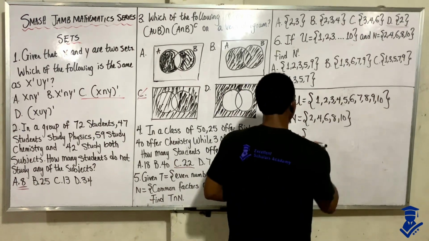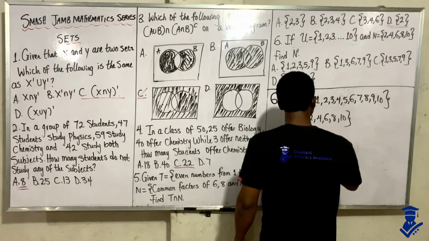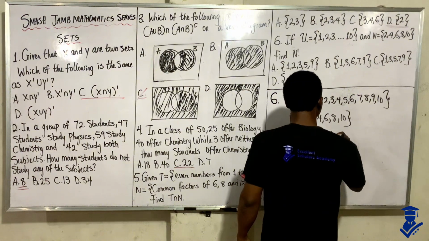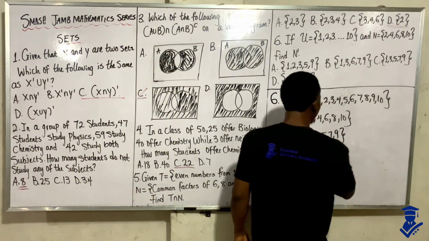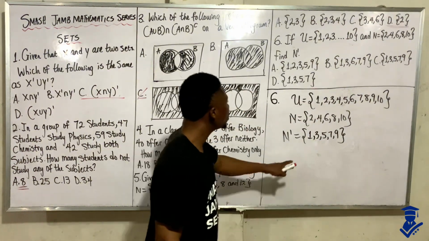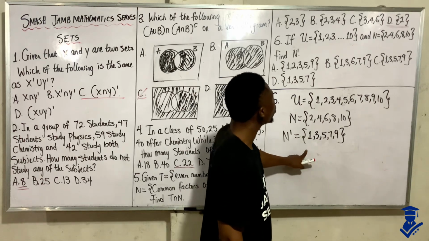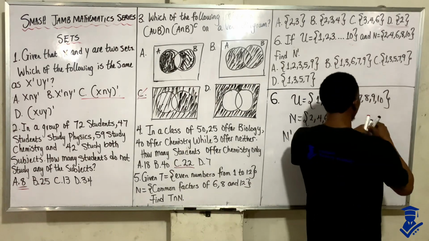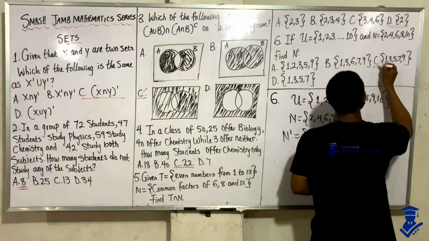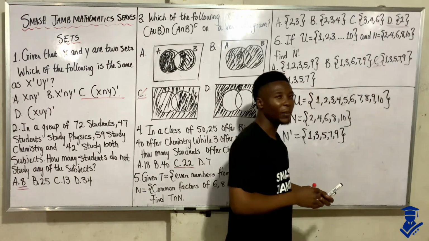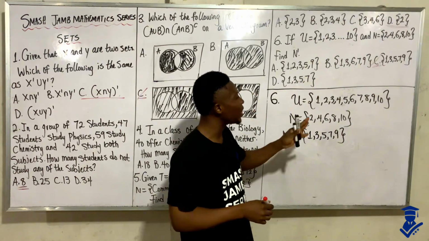That's simply going to be 1, 3, 5, 7, 9. So this is going to be our answer, option C. N complement is 1, 3, 5, 7, 9.